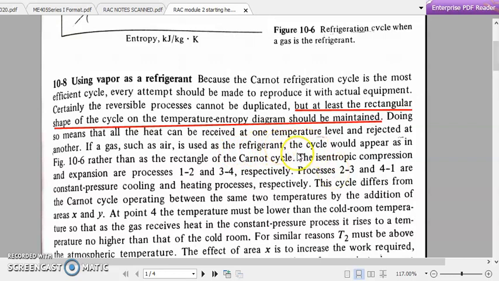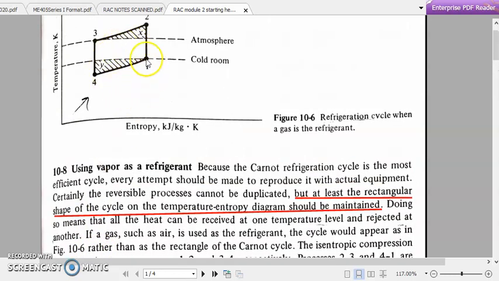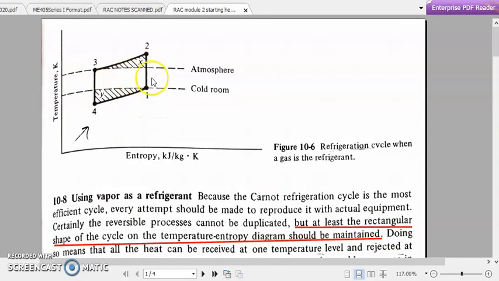When we are using a gas like atmospheric air, the cycle appears like in figure 10.6, that is the above figure, rather than a Carnot cycle. Actually, if our system was representing a Carnot cycle, instead of this parallelogram shape, the Carnot cycle would have a rectangular shape like this.